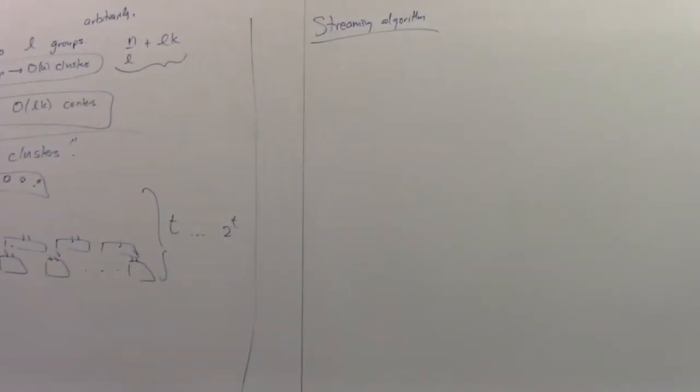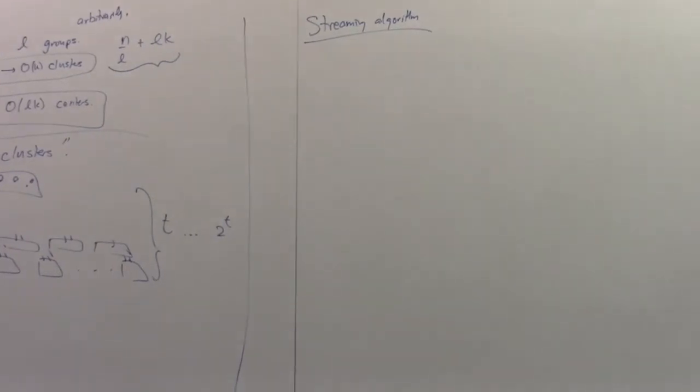How many of you are familiar with streaming algorithms? Hands up. About half. Okay. So let me do a fairly quick rundown of what a streaming algorithm is, because it's kind of an interesting object that comes up a lot in large data problems.